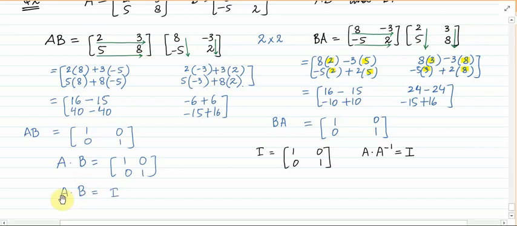Now compare this expression with this equation. If I write below it, it is A times B is equal to I. Now you can create a relationship between A and B. Basically A and B are both inverse matrices of one another, and that is the relation the examiner is asking for.